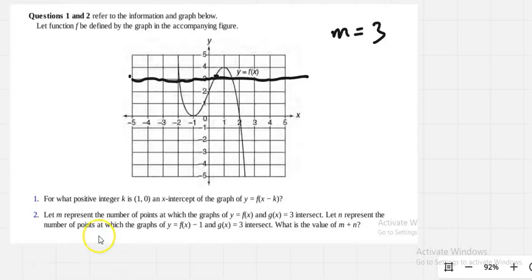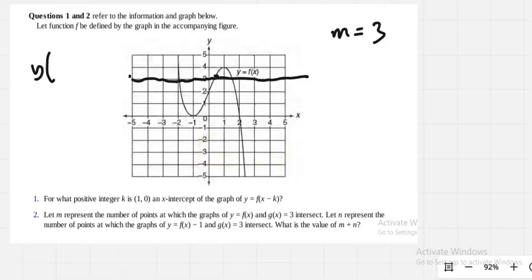Let n represent the number of points at which the graph of y equals f of x minus 1 intersects.